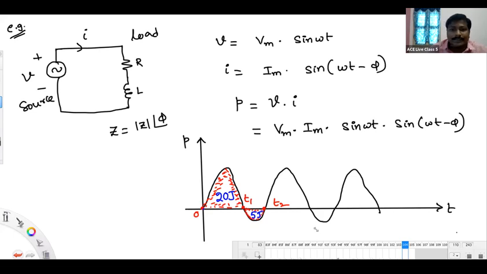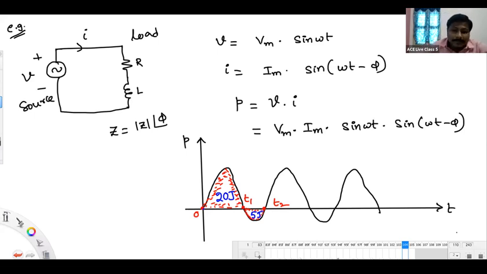In the 0 to t1 time, there is an energy flow from the source to load. It means the load is drawing, taking, absorbing an energy of 20 joules.